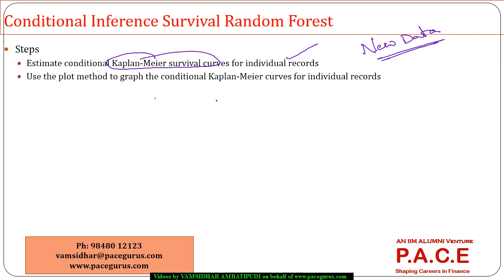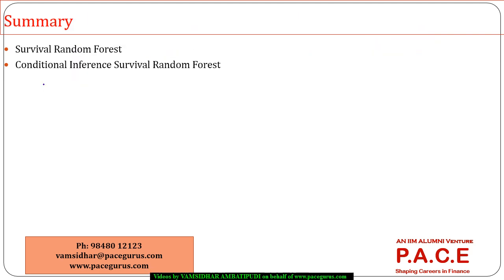If I give that kind of information, I can talk about the probability that he is going to stay for 50 balls, the probability that he is going to stay for 100 balls, and so on. That is how I get the plotting of the entire graphs for each of the individual records, which gives me a good understanding of which variables are really contributing to the model and which variables are not contributing to the model altogether. So that is what I wanted to talk about, the usage of random forest for survival data.